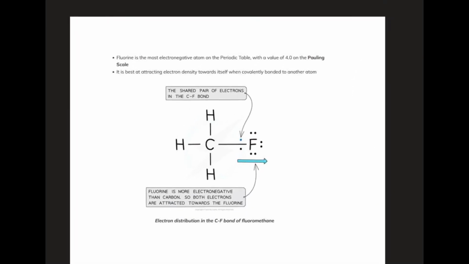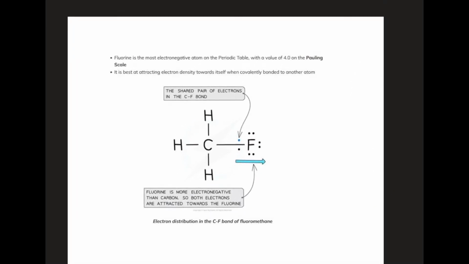On this page, fluorine is the most electronegative atom on the periodic table with a value of 4.0 on the Pauling scale. So 4.0 is the highest. It is best at attracting electron density towards itself when covalently bonded to another atom. So you can see these are the bonding electrons.